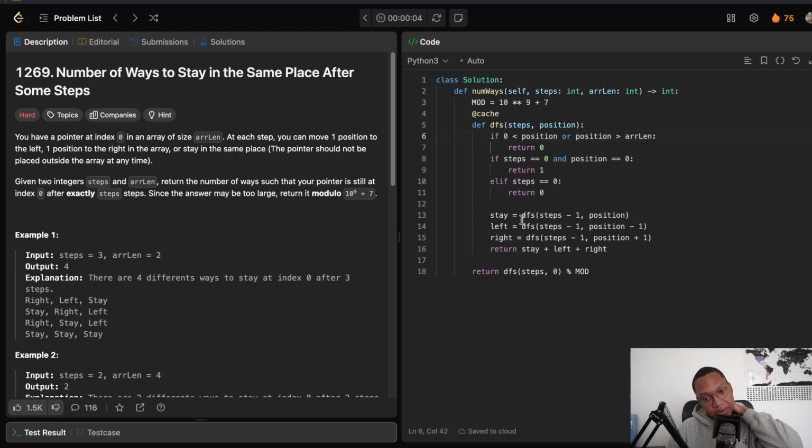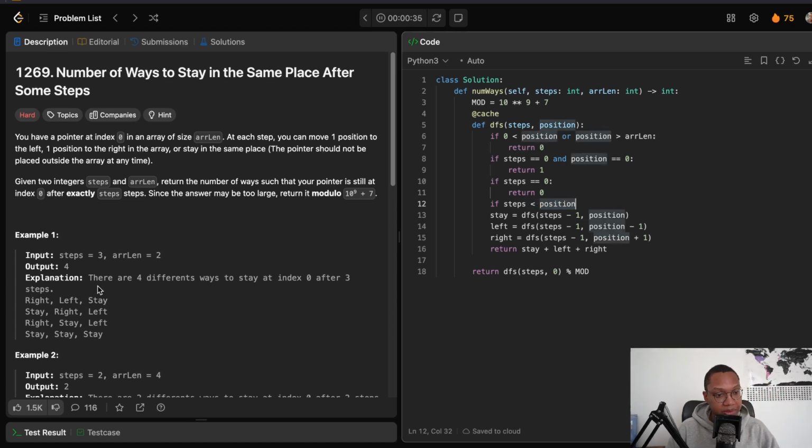There might be something you can do where if the amount of steps you can do is less than the position that you're at, it's probably impossible to even get back to 0.